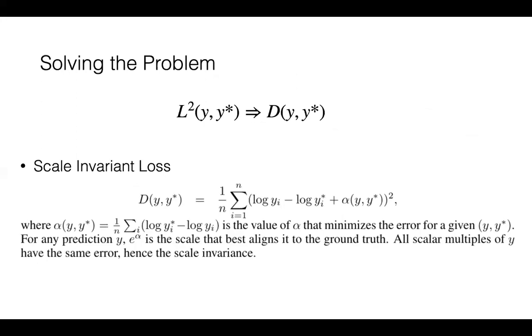And so this is what's done in this research. What they did in this loss function is that they have a function alpha that compares the predicted depth and the depth of the ground truth, and this is done globally.